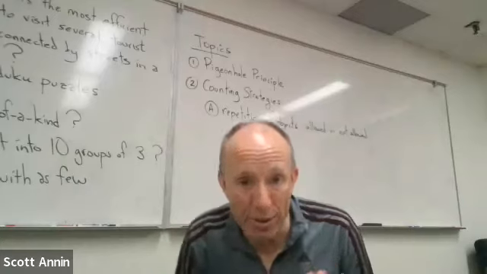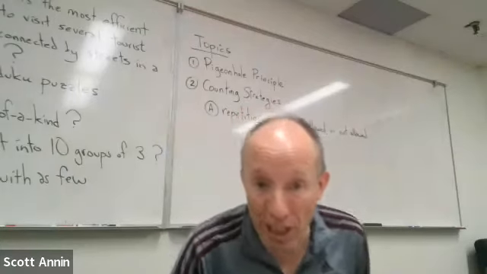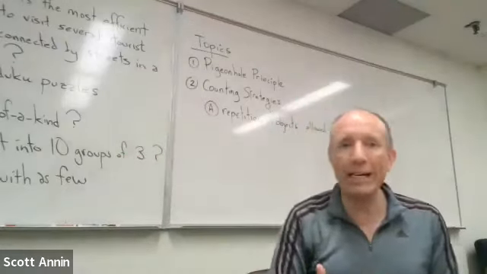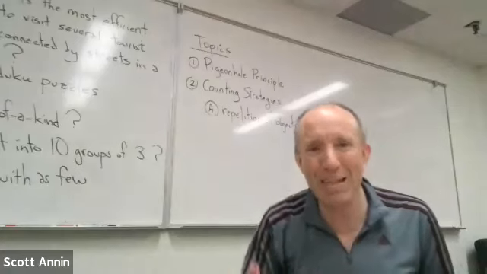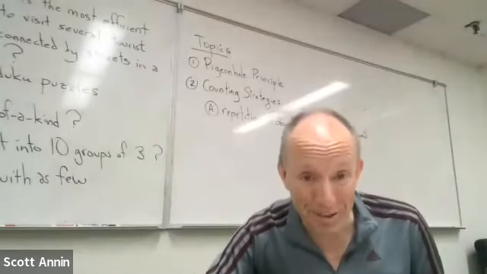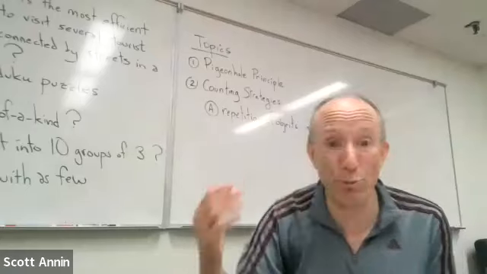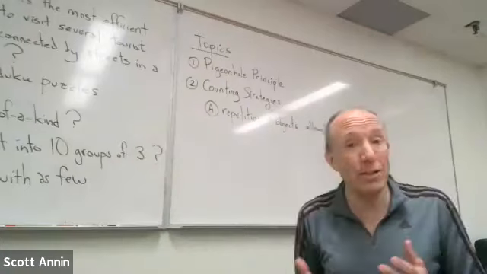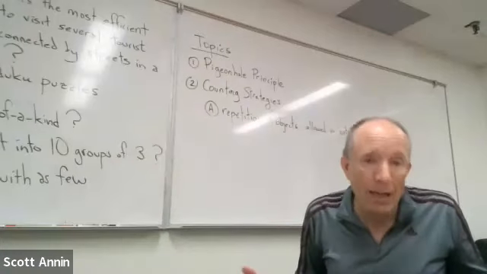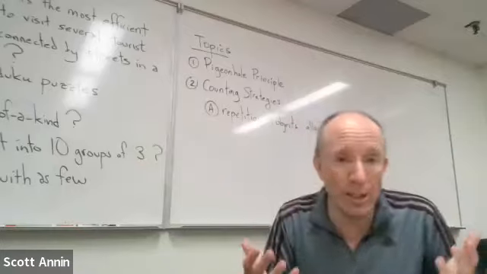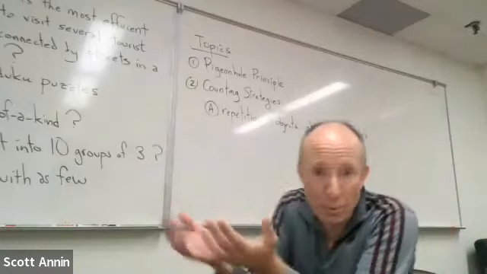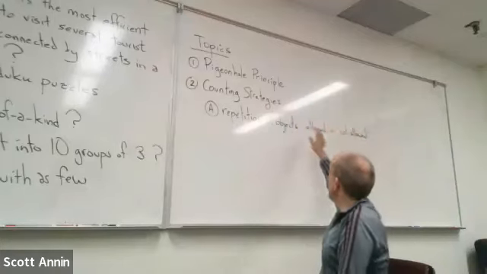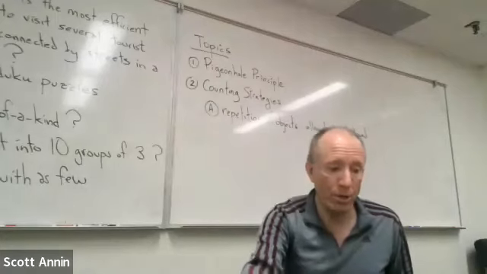On the other hand, a very different situation might be officers of a club, where you have a president, a vice president, a treasurer, and a secretary, and none of those four positions can be occupied by the same person. In other words, no person can be repeated in more than one officer role. In that case, repetition would not be allowed. And the answer to how many ways there are to count arrangements of either license plates or officers of a club is going to be different because of the issue of allowing repetition or not.